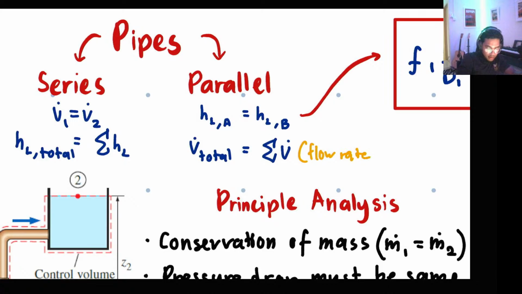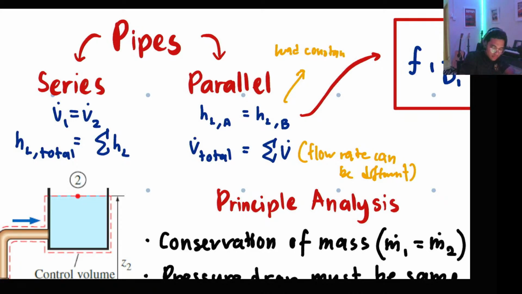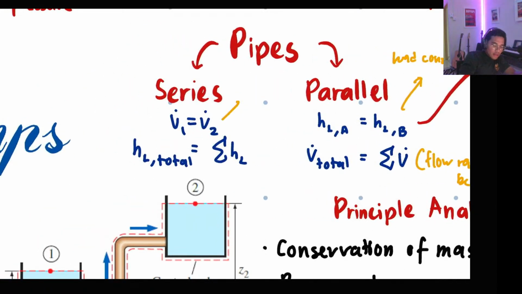Parallel: flow rate can be different, head equals, head constant. Series: flow rate constant, head can be different.